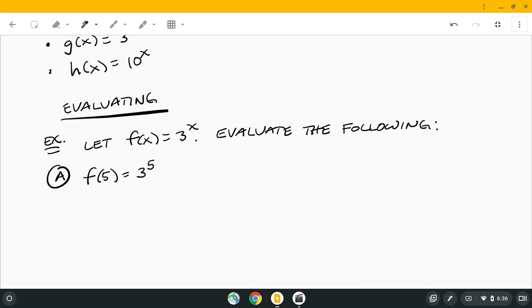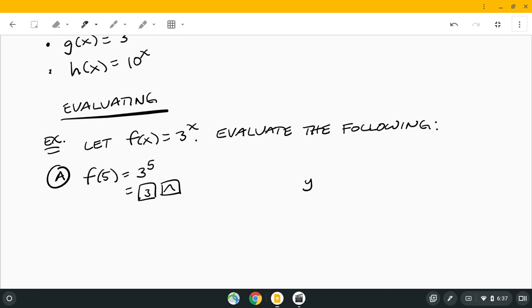If you plug that into your calculator, make sure you do it correctly. Your exponent button is most likely that button, or the y to the x button.